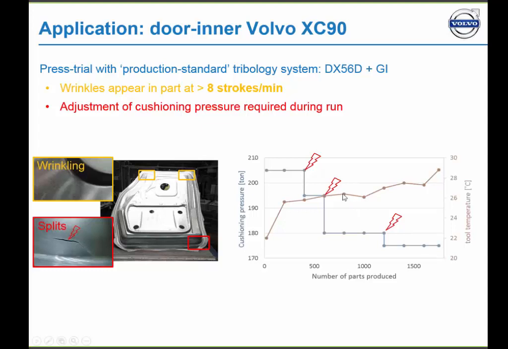At the same time, they did temperature measurements to log the temperature during this production run of 2,000 parts. So, as I mentioned, this project is ongoing, but the TriboForm software gives you, the user, the possibility to investigate the influence of, for example, cushioning force or temperature increase on the tribology and on part quality.